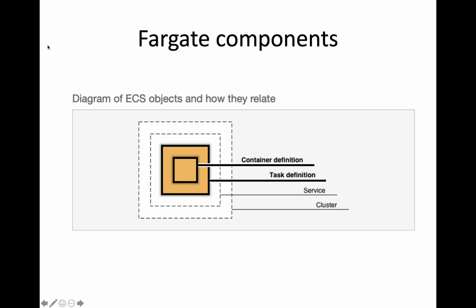So if this sounds a little bit confusing at first, then just bear with me a while because I'll walk through each one of these components in more detail. And it might not really start clicking until we actually look at CloudFormation code and actually start launching services into the cluster. And hopefully then things will begin to make more sense to you.